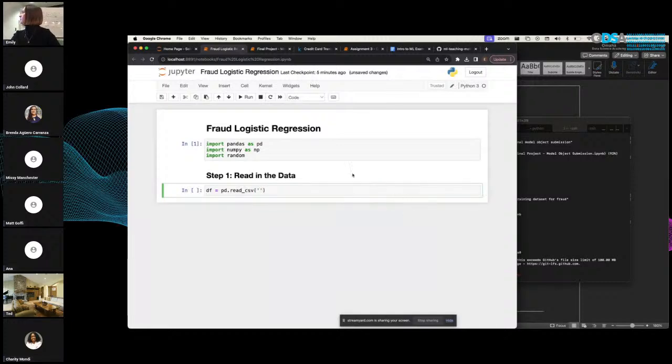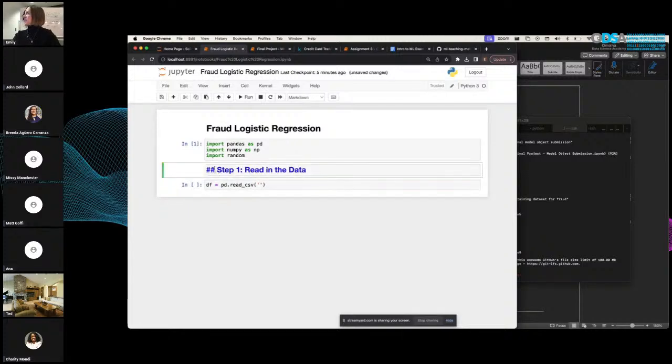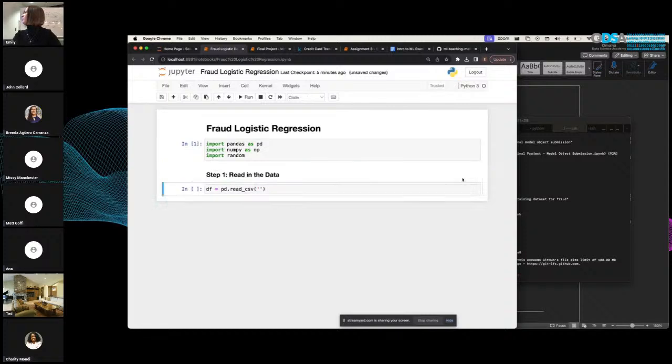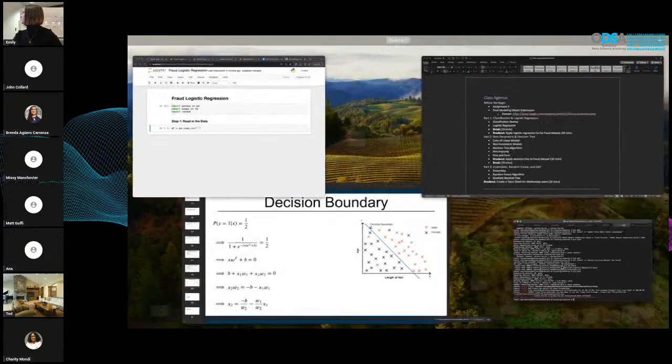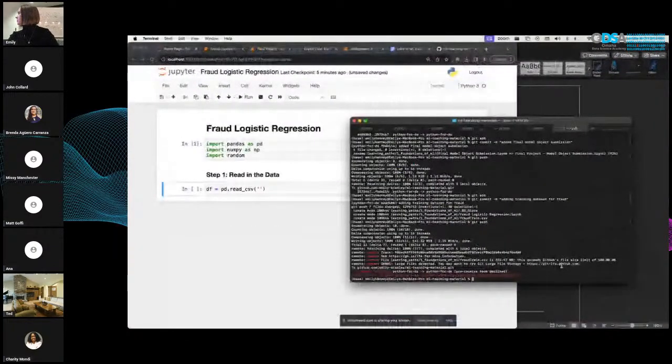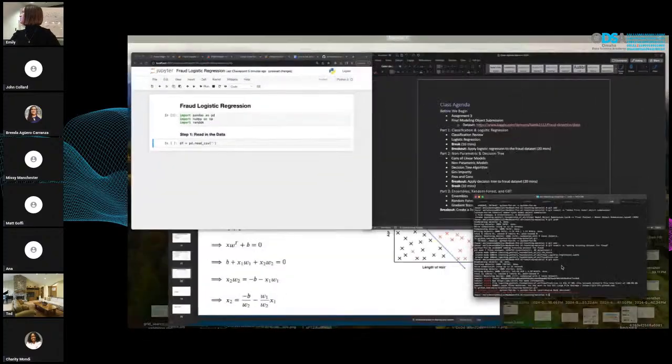Well, if you guys remember, you're going to want to do your import functions, and then step 1, we'll just read in the data. Import, df equals pd dot, I assume this is a CSV, I guess I didn't really look. It should be a CSV, yeah. Okay, good deal.